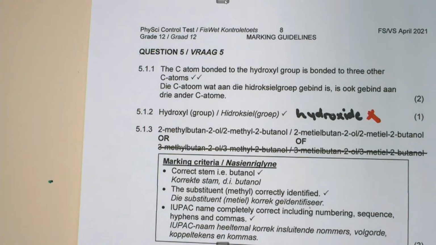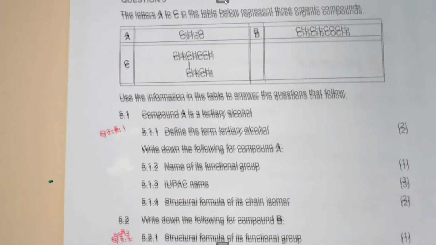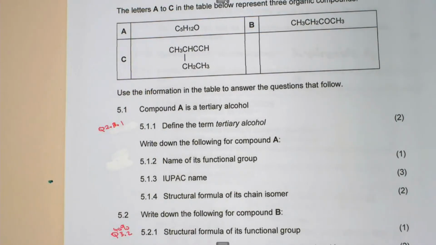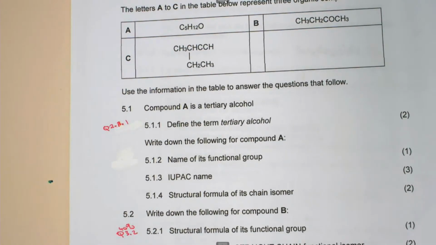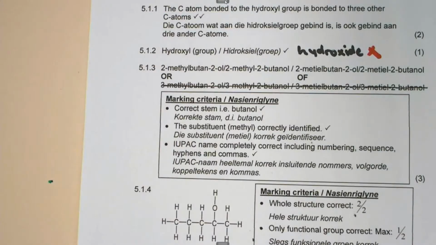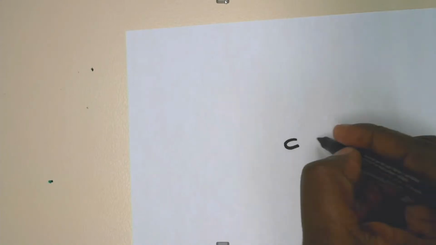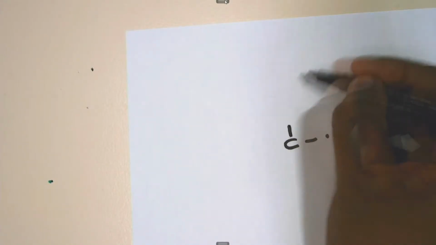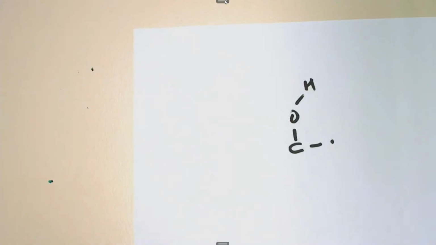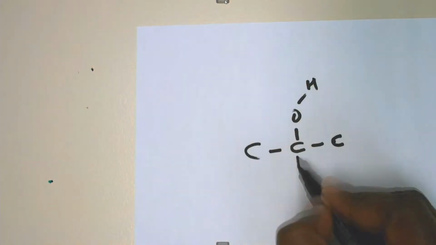And then question 5.1.3, we are now applying the definition. Write down the IUPAC name of that tertiary alcohol. So if the learner understands that A is a tertiary alcohol, and now we want the IUPAC name of that tertiary alcohol, therefore the learner will be able to say, okay, I said that the carbon with a hydroxyl group is bonded to 3 other carbon atoms.